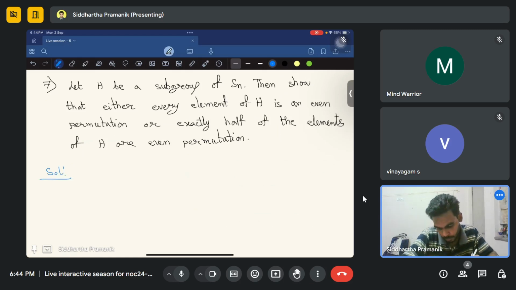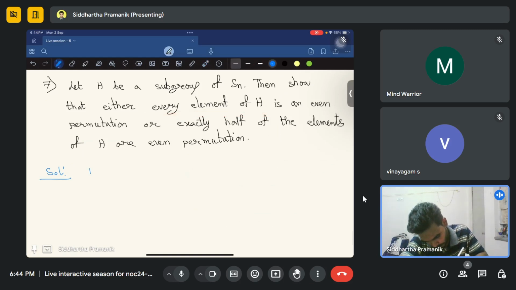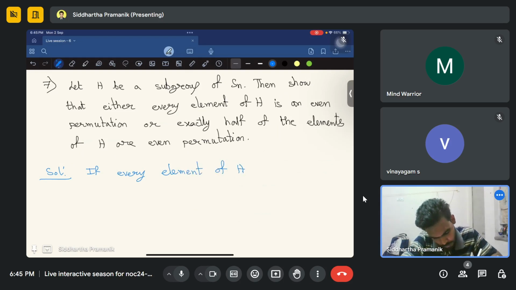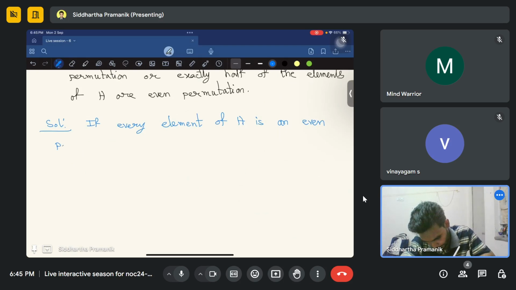So observe that if every element of H is an even permutation, then we have nothing to prove.